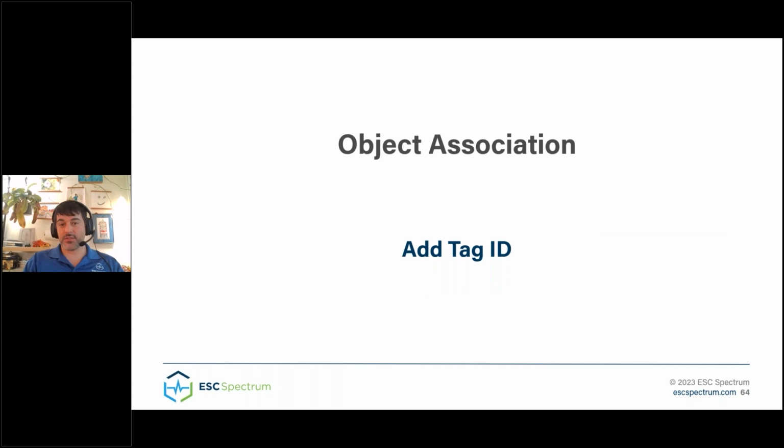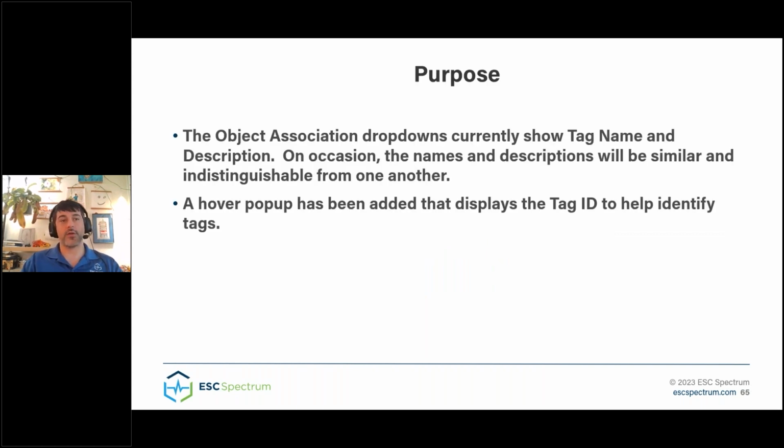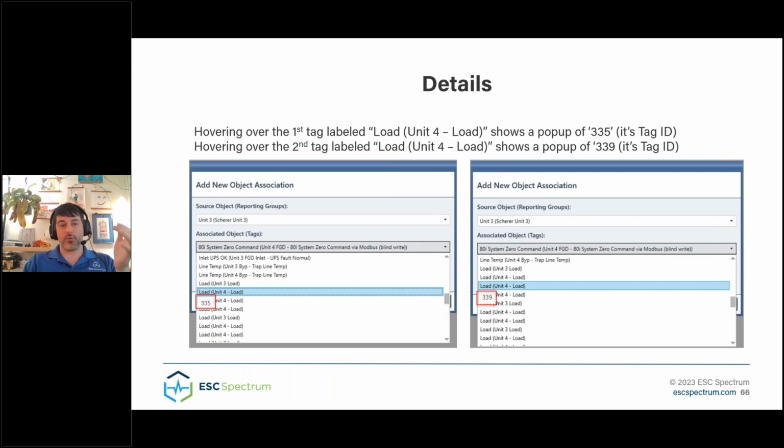Object associations, add the tag ID. Should talk about this earlier. We talked about the object association dropdown recently in the previous slides where it included the name, description, and all that, but we wanted to make it a little bit more helpful still. And so you can see that when you hover the mouse over the tag there, the little tooltip that will pop up is the tag ID.